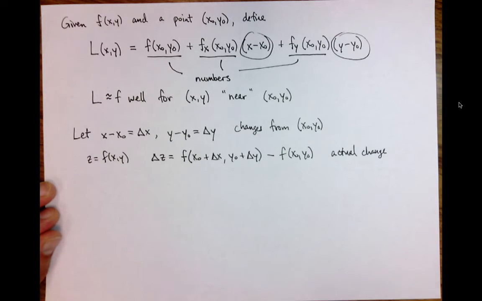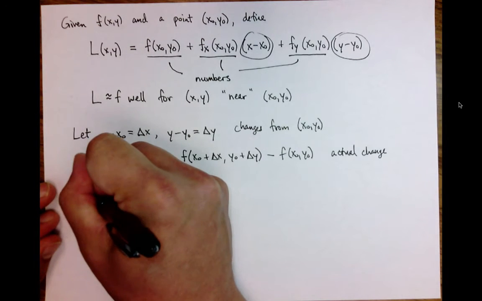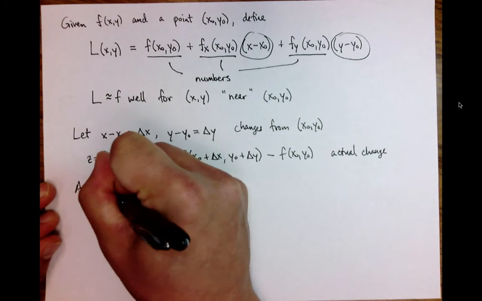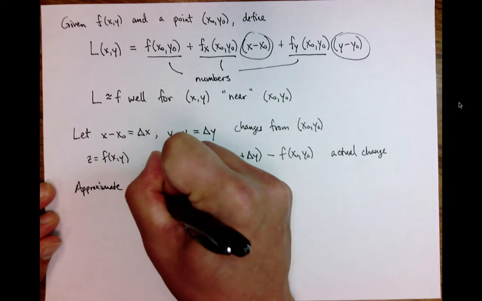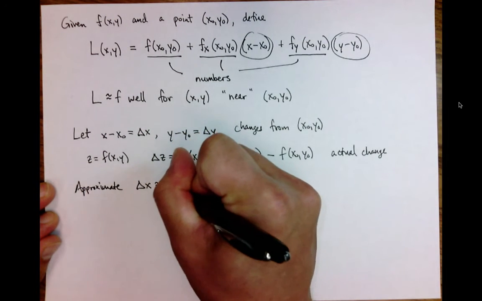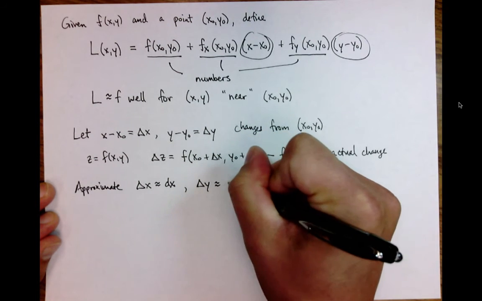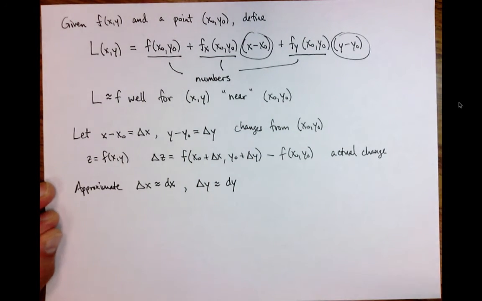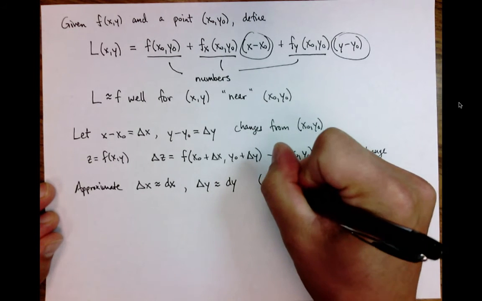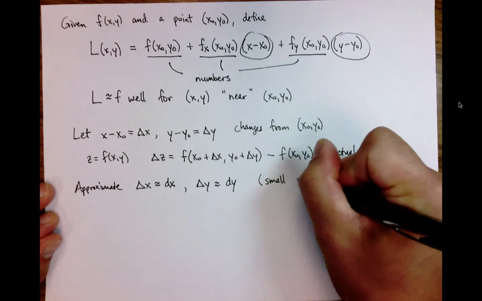On the other hand, we approximate delta x by an infinitesimal quantity dx and delta y by an infinitesimal quantity dy. So these are meant to be small changes.